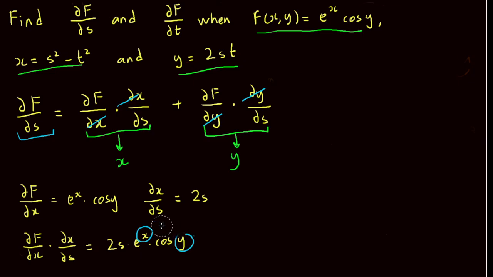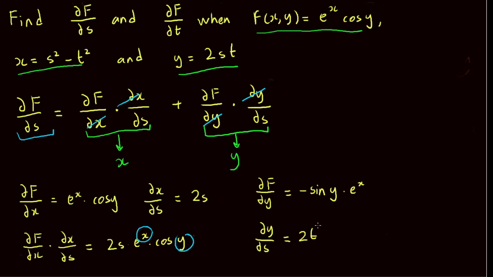Okay, so now moving on, we are also going to find del f del y, which is simply cos y, which is just negative sine y, times e^x. And del y over del s is just 2t.